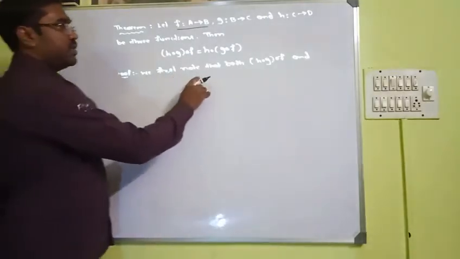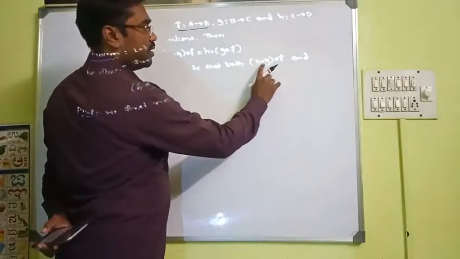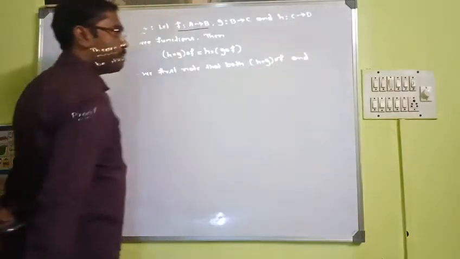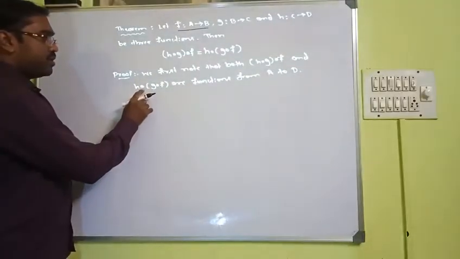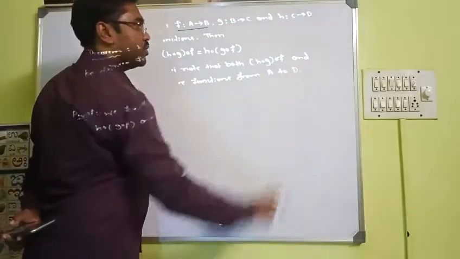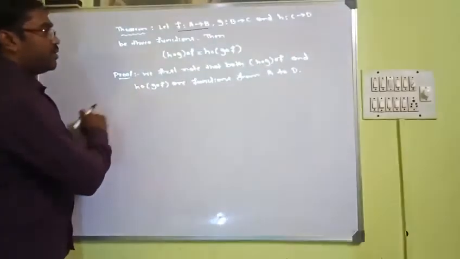We first note that both (h∘g)∘f and h∘(g∘f) are functions from A to D. How is it?